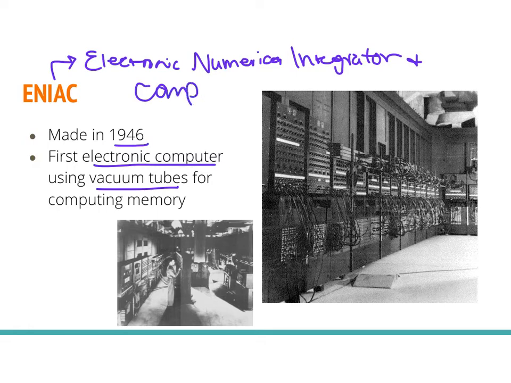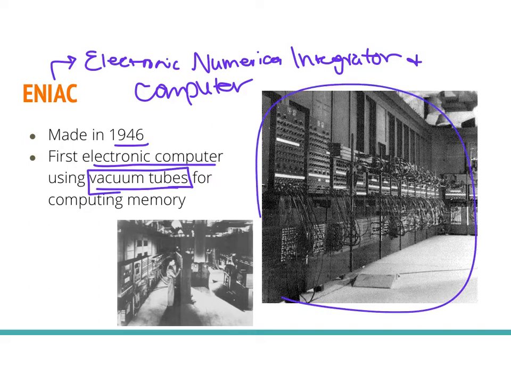So you can see we're calling this the ENIAC because it was a lot easier. And this is the first electronic computer that utilized these vacuum tubes. So we're no longer utilizing those punch cards. And you can see that similar to the Mark I, this ENIAC computer took up an enormous amount of space.